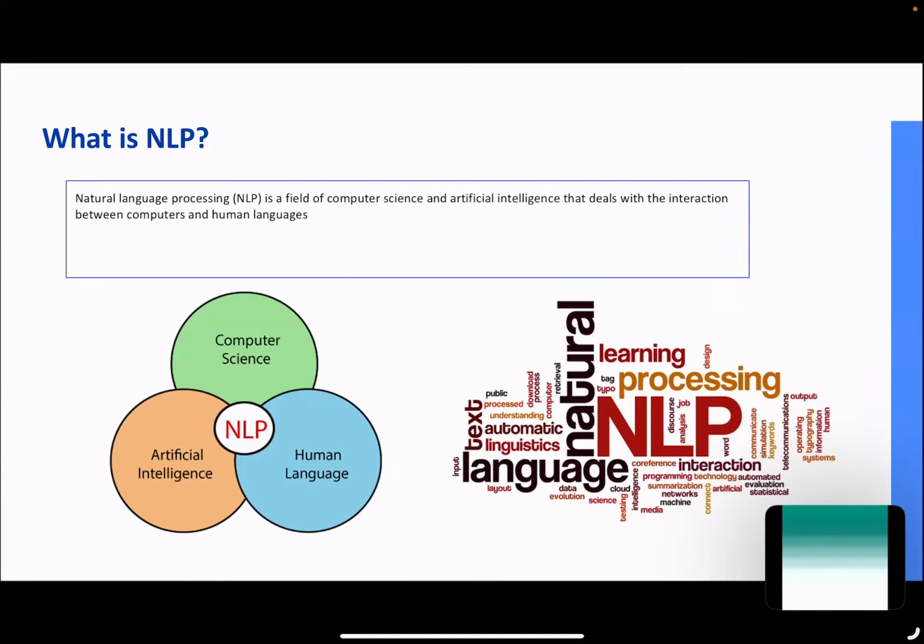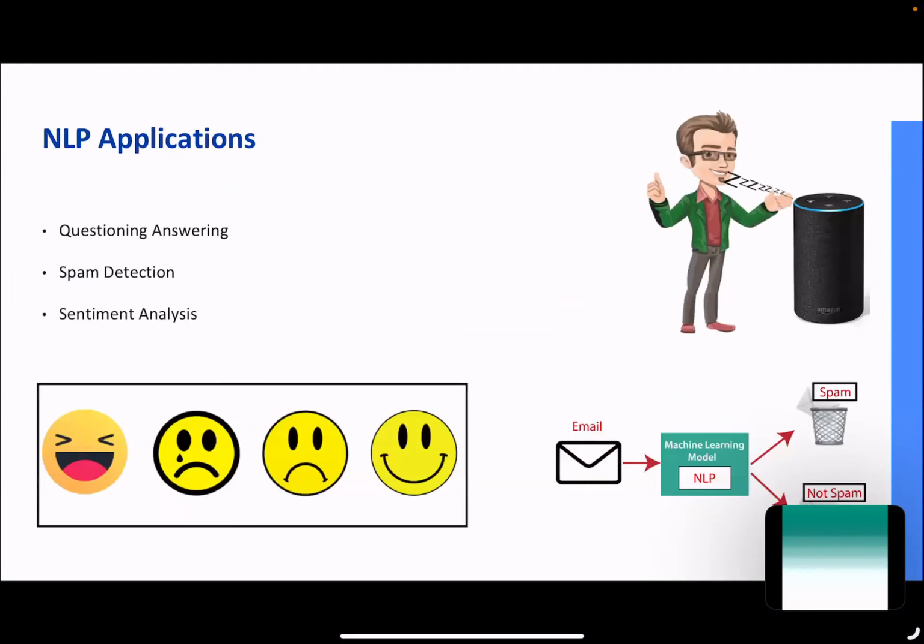As humans, for example, if we are speaking in English, the computer cannot understand the English language. So with the help of NLP, we can perform some steps and tell the software what the meaning of English is, what the meaning of sentences is, and what the relationship is between different words in the given sentence. This is all related to NLP.